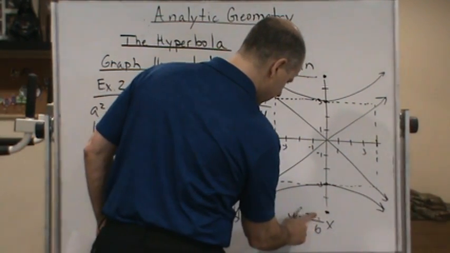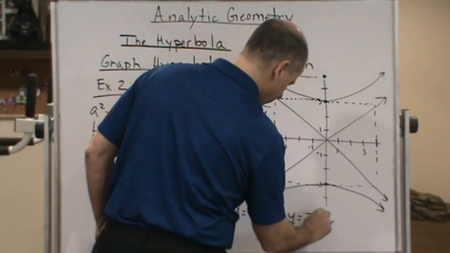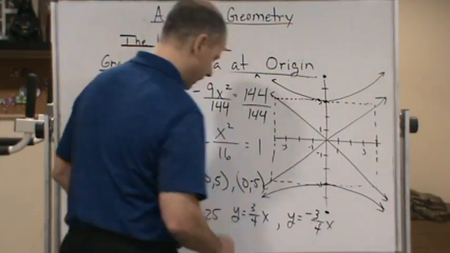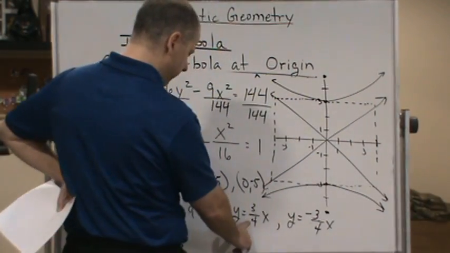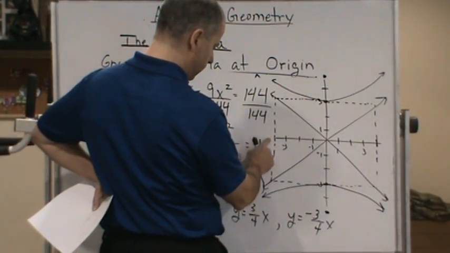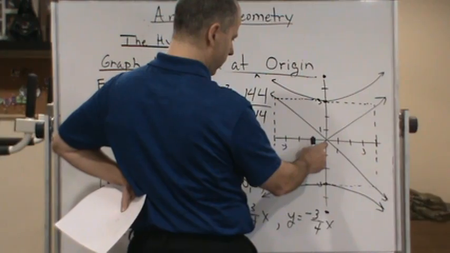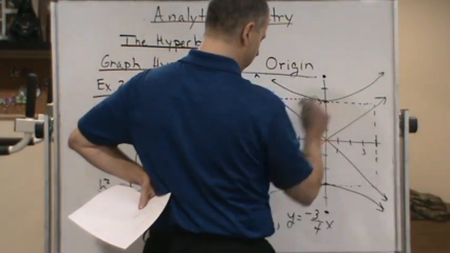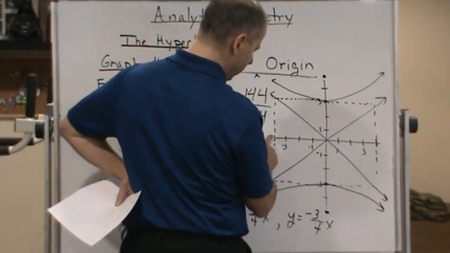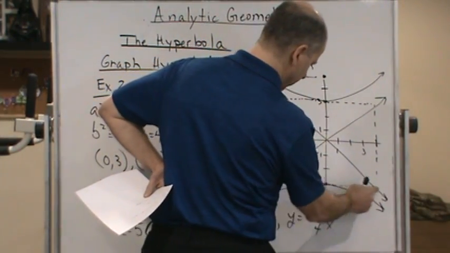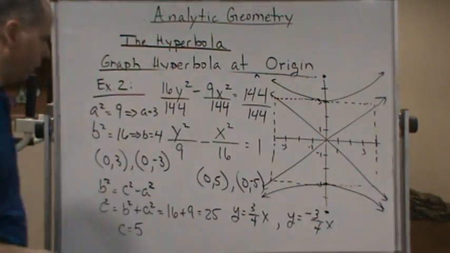Negative 3/4 is the slope of the other one. And you can see this by looking at the box, right? So 3/4, right? So up 3 over 4, right through the origin. Up 3 over 4, okay? Negative 3/4, down 3 over 4. Down 3 over 4. So it works out.